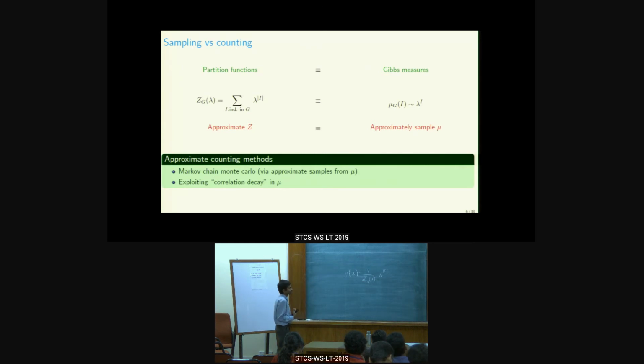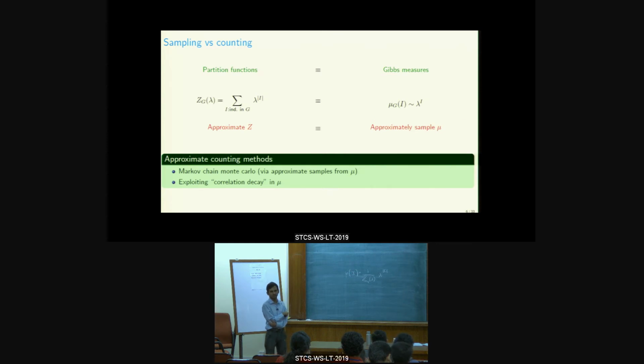So then the question is, what are the methods that one can use to do this approximation? The two classical methods, or maybe the only classical method, is Markov chain Monte Carlo. You run some kind of a Markov chain which has this distribution as a stationary distribution, and you show somehow that this Markov chain will converge quickly to the stationary distribution, and then you use this equivalence in reverse to compute the partition function.